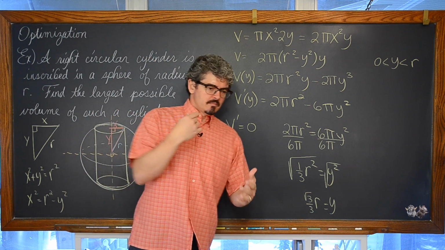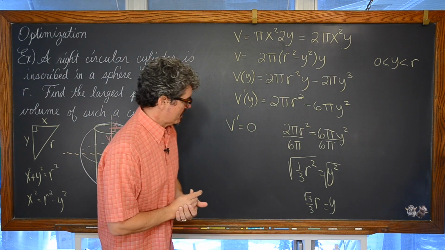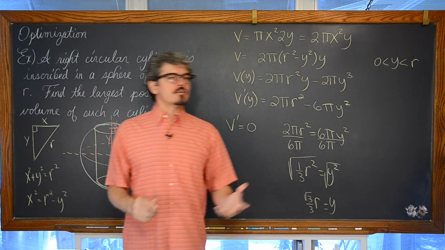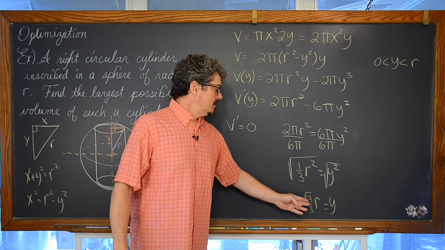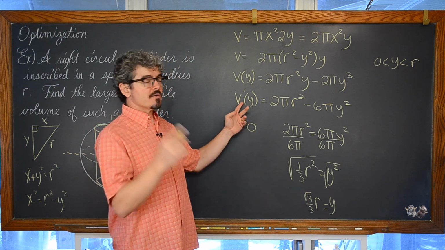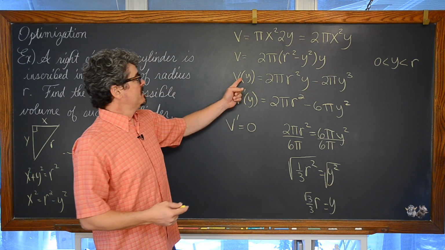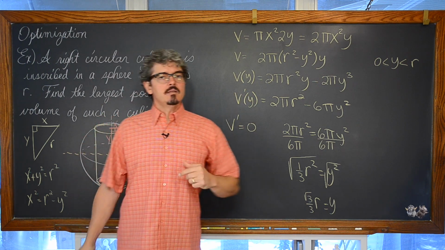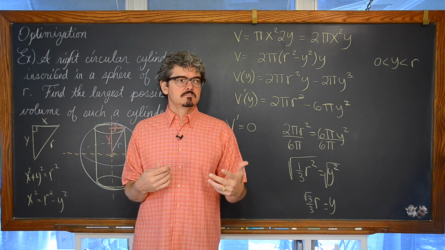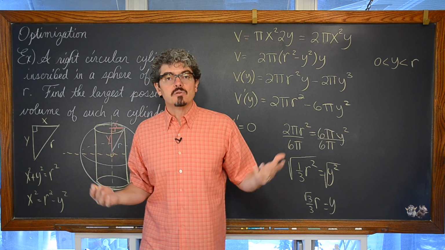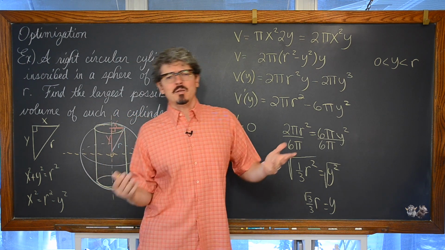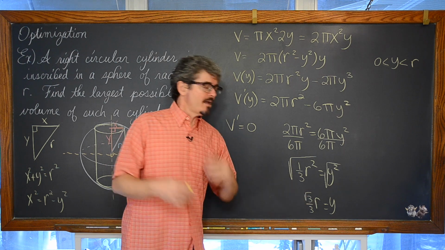And I'm sure your teacher is going to make you actually do this: if this is a critical value, that does not mean automatically, just because the first derivative is equal to 0, that this function of v is going to have an absolute maximum, or even a relative maximum or minimum for that matter, because this is just simply a critical value.